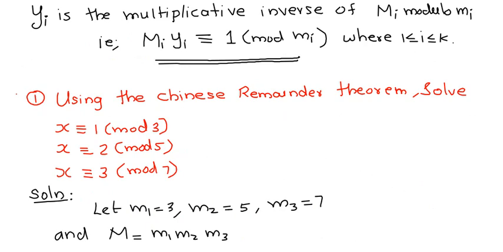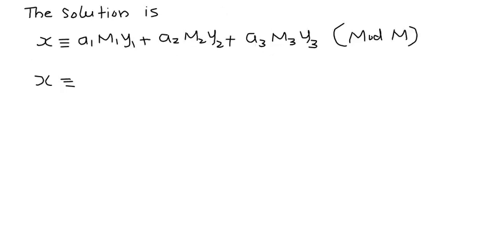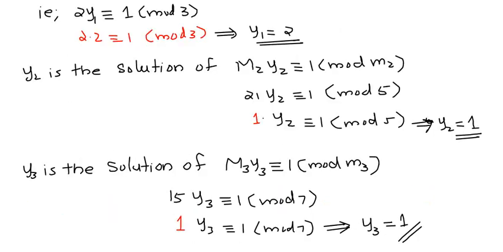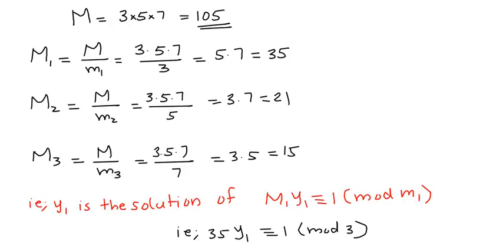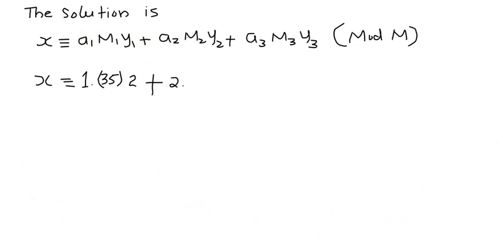So 1 into M1, which is 35, into y1, which is 2, plus a2, which is 2, into M2, which is 21, into y2, which is 1, plus a3, which is 3, into M3, which is 15, into y3, which is 1, mod capital M, which is 105.